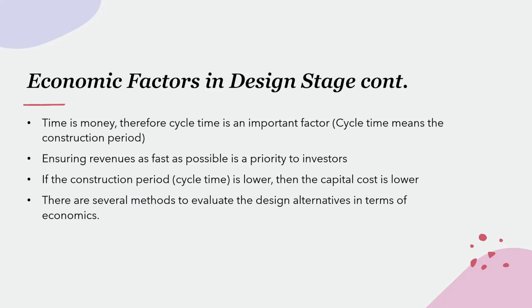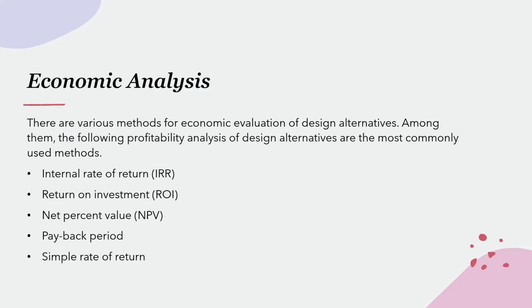There are several methods that we can use to evaluate the alternatives in design in terms of economics. So let's look into what are the methods that we can use to evaluate design alternatives in terms of the building economic side.